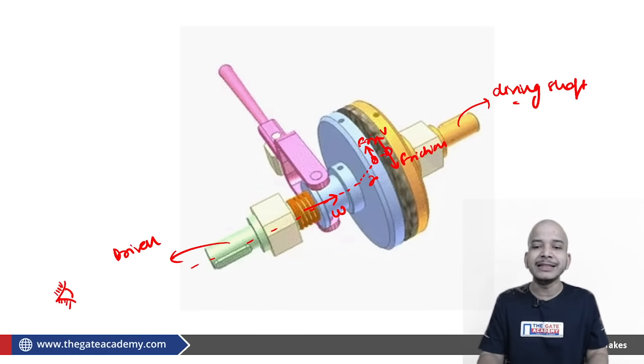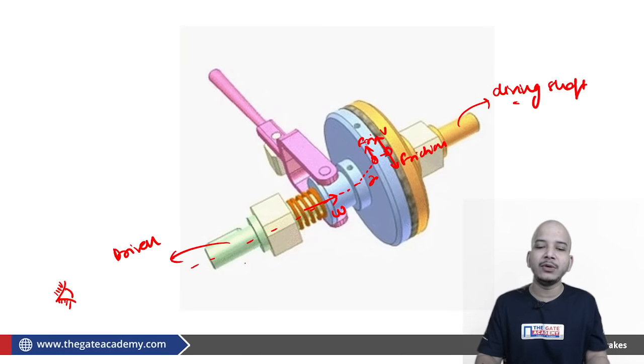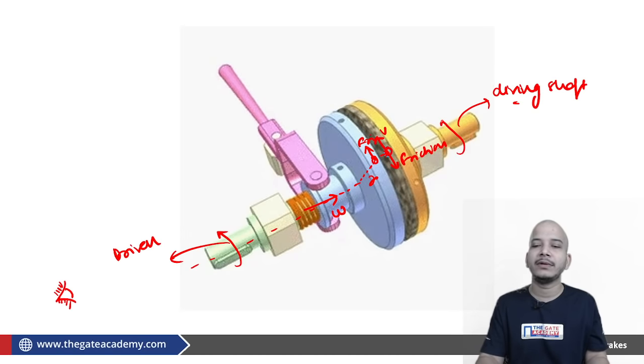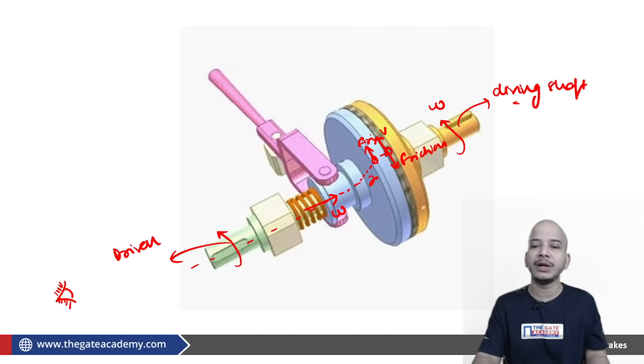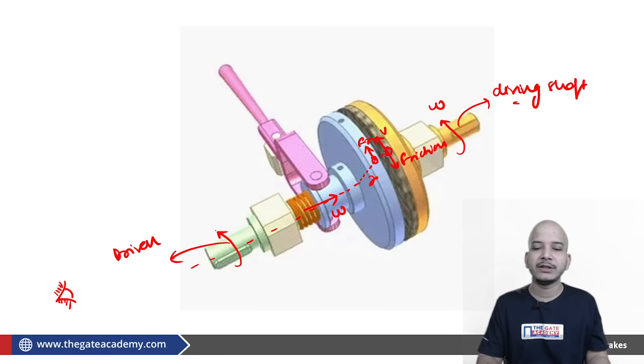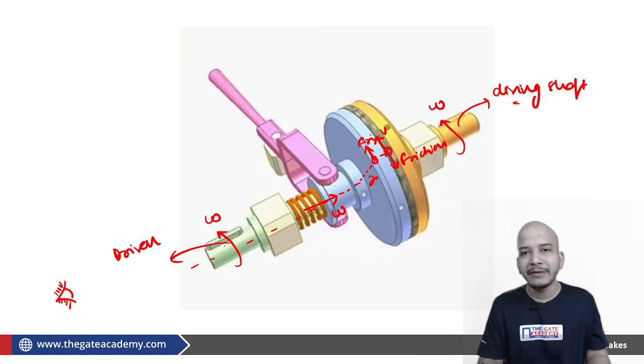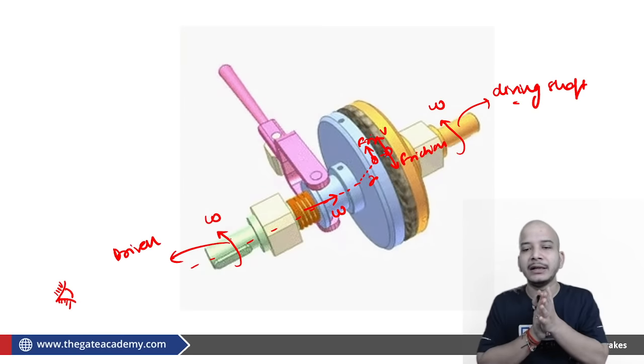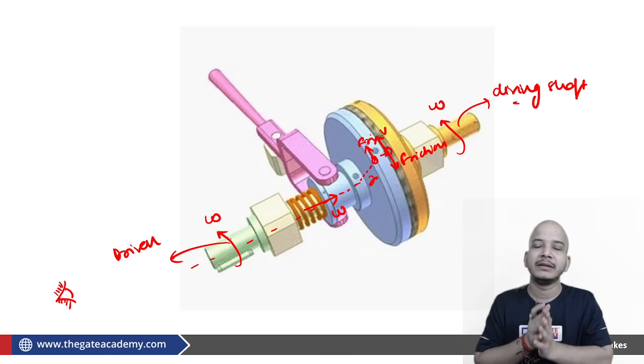Basically this friction is causing counterclockwise movement on the driven member itself. Therefore it will ask the driven member to rotate counterclockwise, as was the direction of the driving member. So if it was rotating counterclockwise as far as the observer is concerned, the driven member will also rotate counterclockwise. The slipping will be there until both start moving in the same direction.